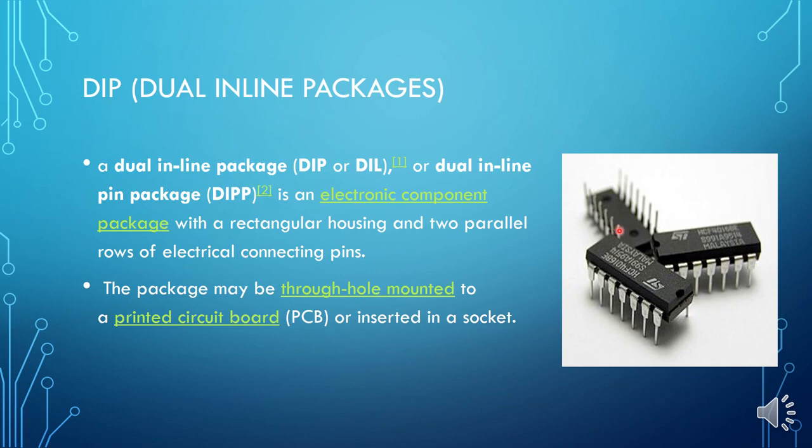Likewise here, this is one line and this is the second line, and all pins are connected on some kind of breadboard. So this kind of structure is known as DIP. The package may be through-hole mounted to a printed circuit board, that is, as I already told, a breadboard, or inserted into a socket.